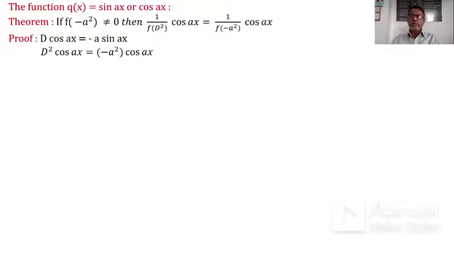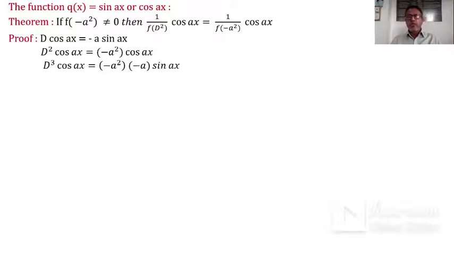If we take the third derivative D cube cos ax, this is equal to the derivative of minus a square into cos ax, and this is equal to minus a square into minus a sin ax.